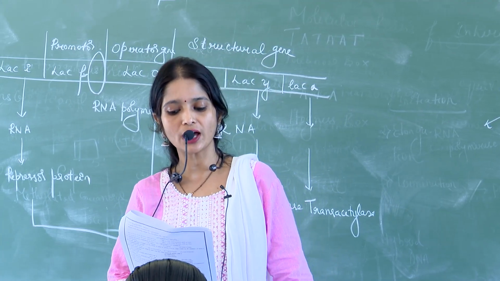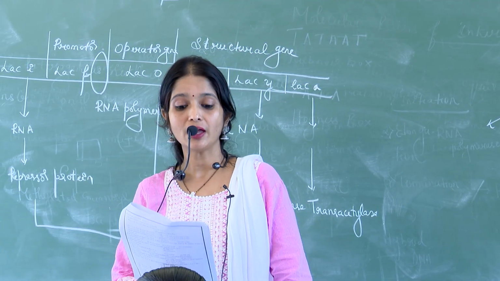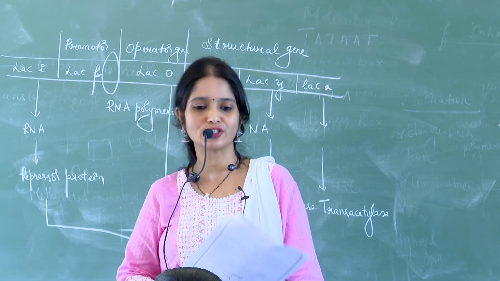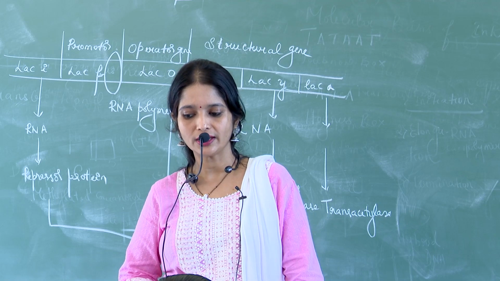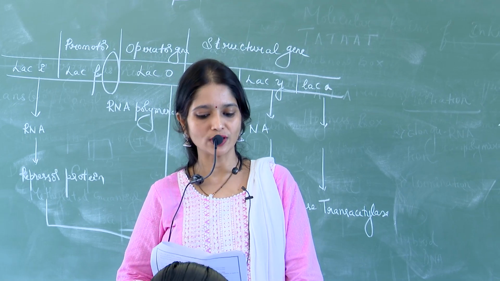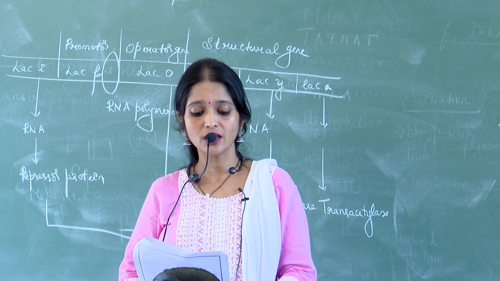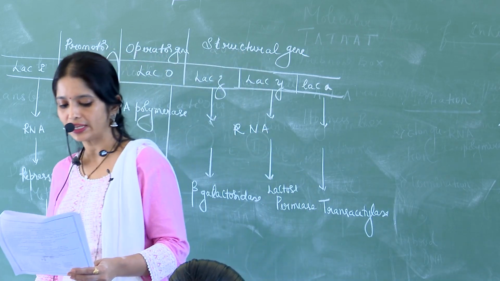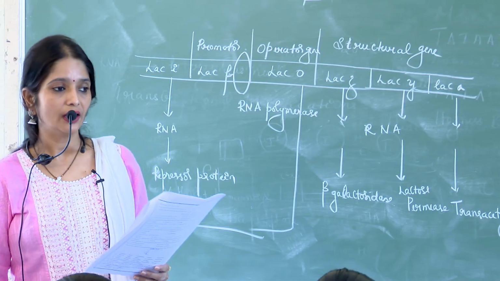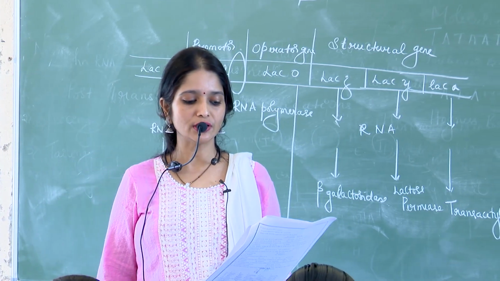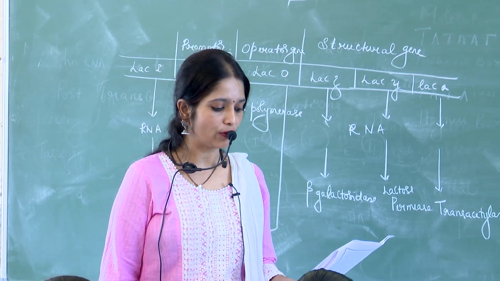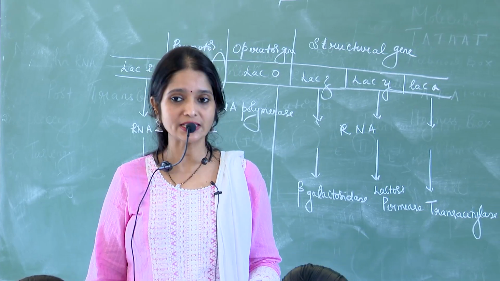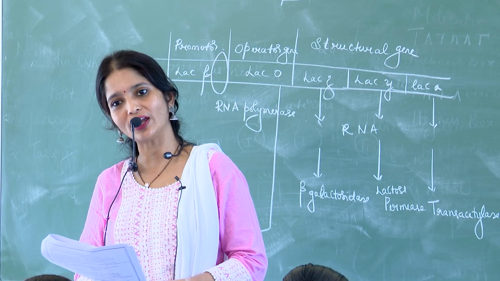Histone proteins are, what are they? Basic, positively charged. Yes, it is basic and it is positively charged. Which of the following is a function of RNA? RNA is a carrier of genetic information from DNA to ribosome, synthesizing polypeptides. Is it right?